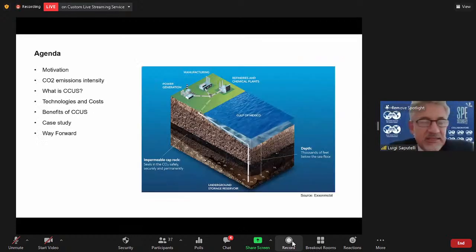So the agenda for today, we will be discussing what is motivating us to talk about CCUS. I will introduce the concept of CO2 emissions intensity.